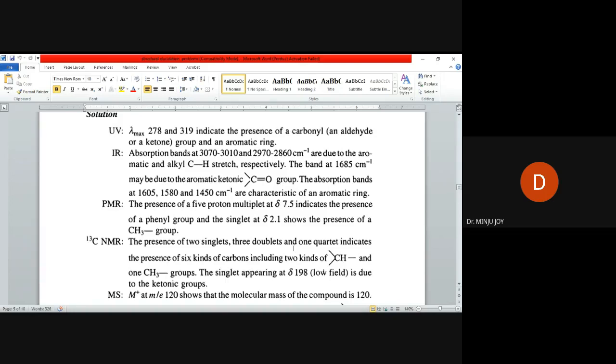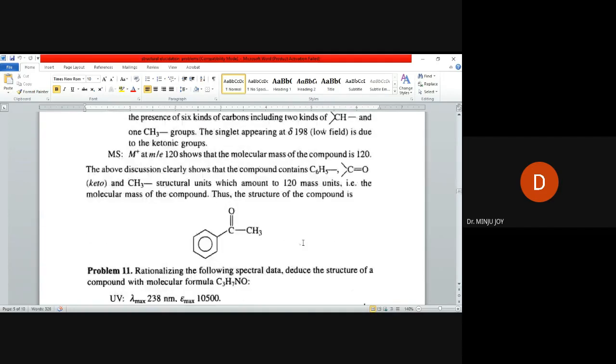Then coming to C13 NMR, the value 198 indicates a ketonic group, and the mass is 120. So this is the structure, because here you can see there are 5 hydrogen atoms at 7.5 and carbon values in the range 120, and there is a 3 hydrogen singlet.